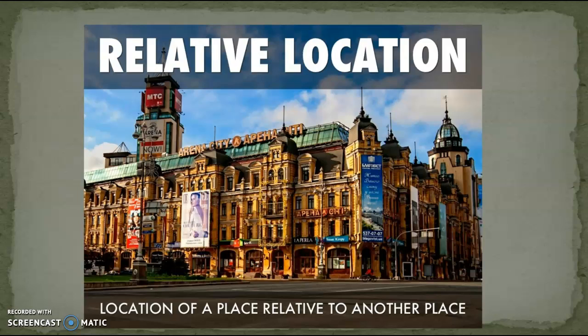Relative location is when you're giving the location of a place using another place as a reference. So you're giving the general idea of where something is located based off of another place.